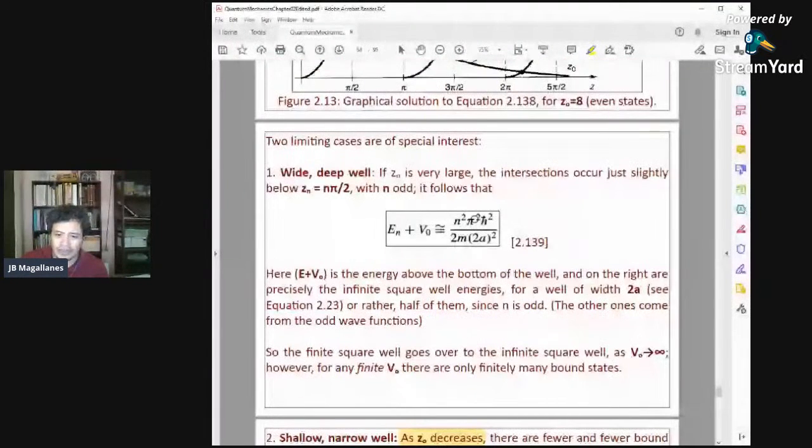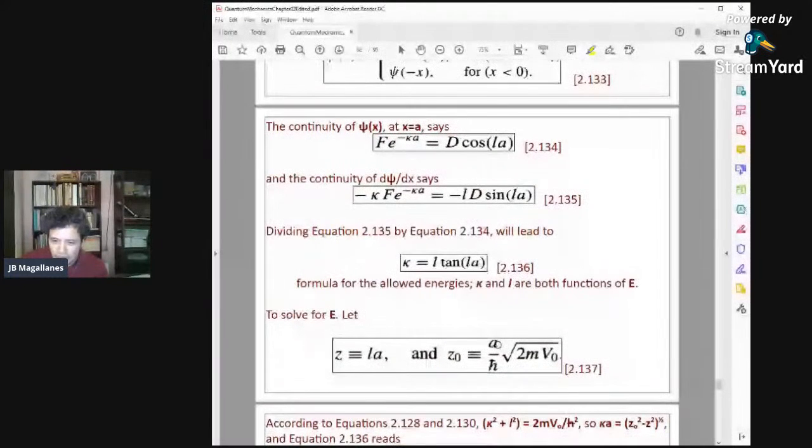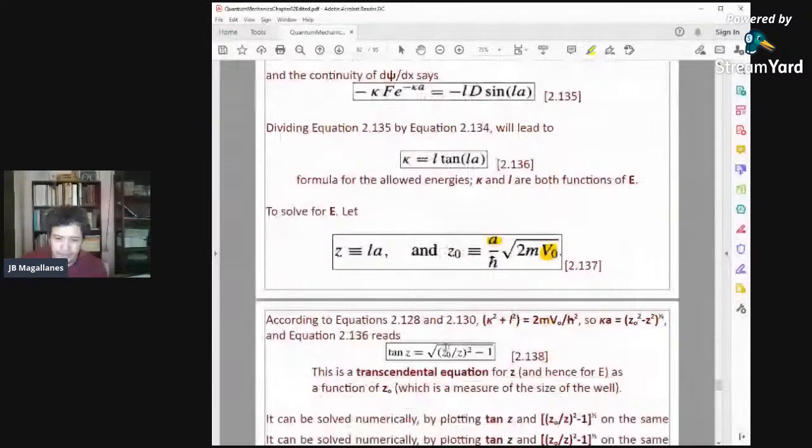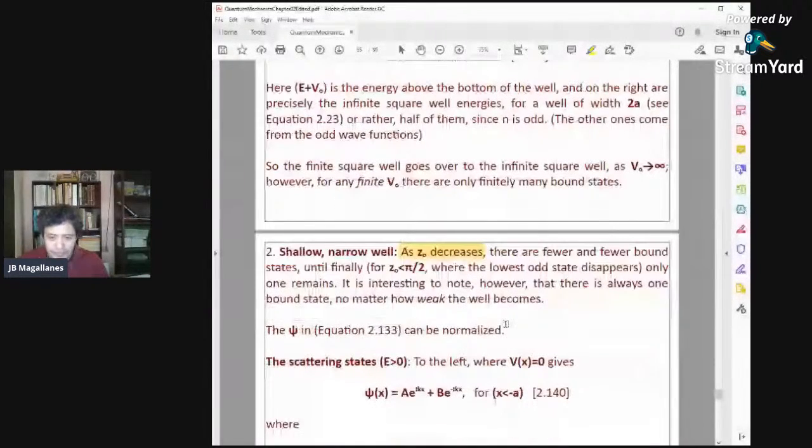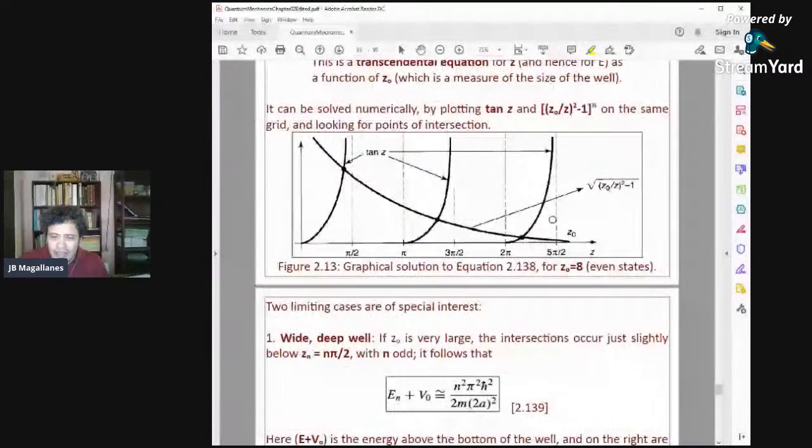You can look at this. This is small, and this is also small. The Z0 is decreasing. So if you have a shallow well, you will have a graph like that, and your Z would be very small.